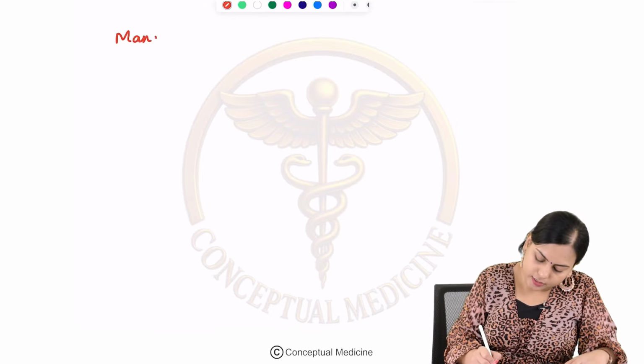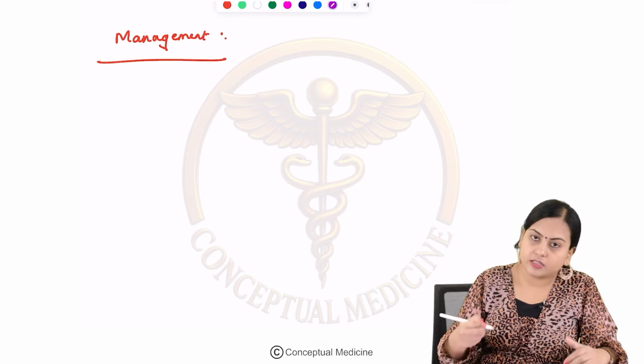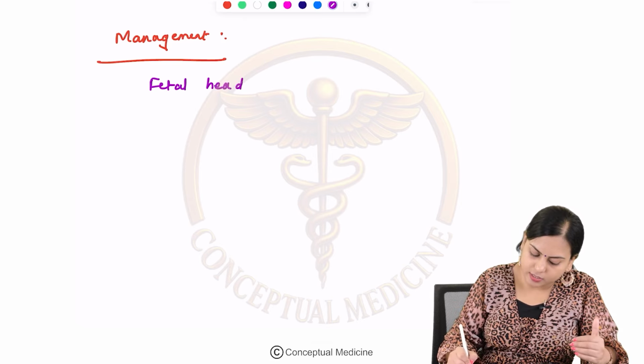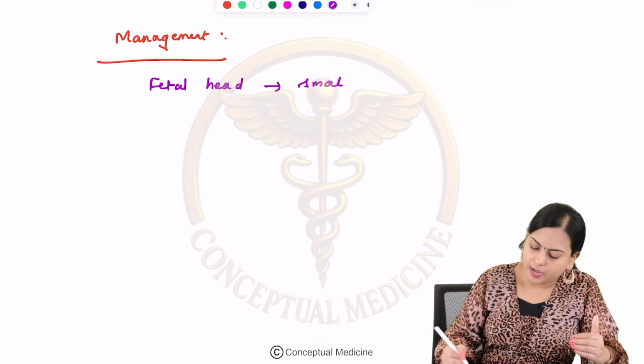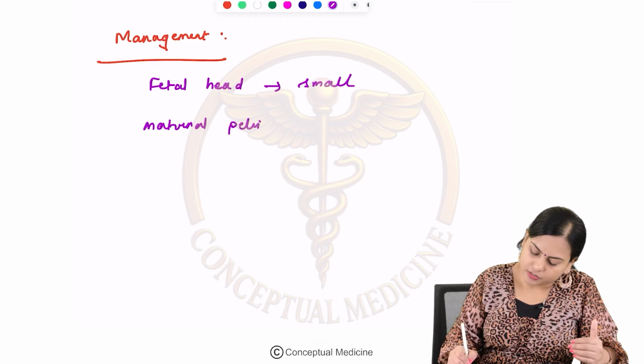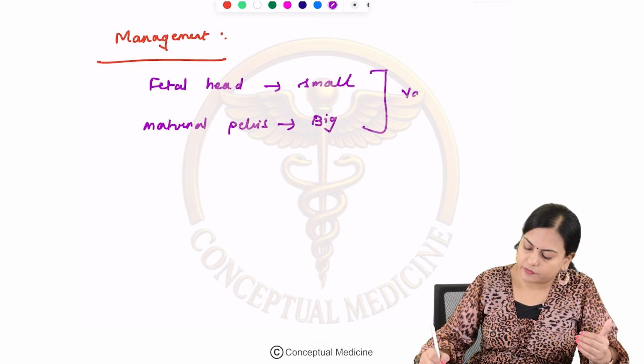So, management. Suppose the fetal head is small and the maternal pelvis is big, then you can allow vaginal delivery.